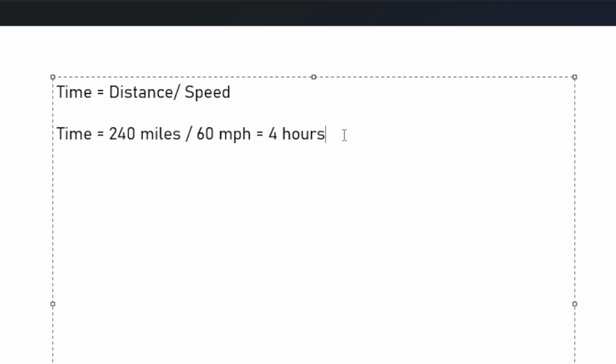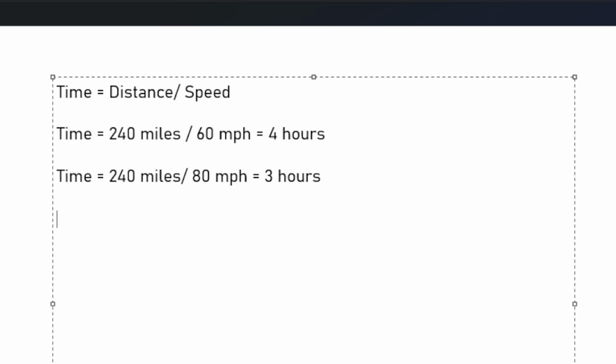So next step is to calculate the time for the return trip at 80 miles per hour. Time equals 240 miles divided by 80 miles per hour. We divide that, and it becomes 3 hours.